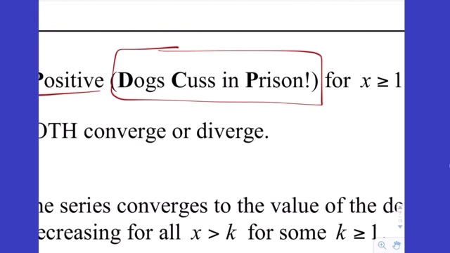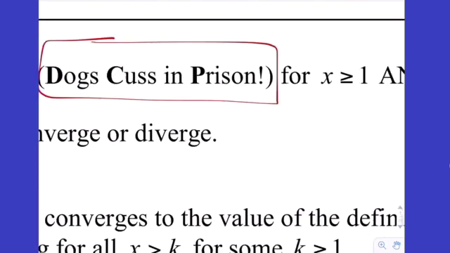Believe it or not, it does help you remember. D for dogs, C for cuss, P for prison. Decreasing, continuous, positive. Dogs cuss where? In the bathtub? No, that doesn't help you remember. Cats cuss in the bathtub. They don't like to get wet. Most dogs, my dogs at least, like getting bathed. Dogs cuss in prison.